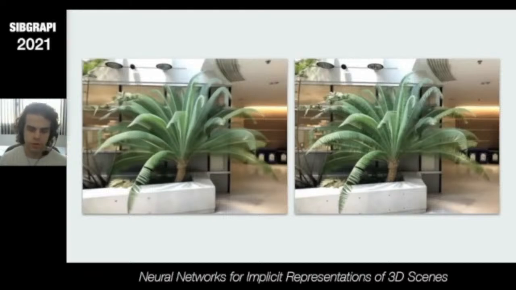In particular, the leaves look rather blurry. Whereas in the image on the right, we're using positional encoding to feed more information as input to the network. And you can see that this makes a huge difference in terms of the accuracy of the result, where the high frequency details of the scene are maintained as expected.